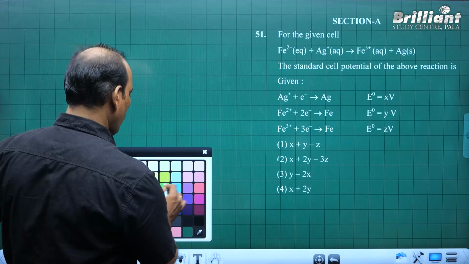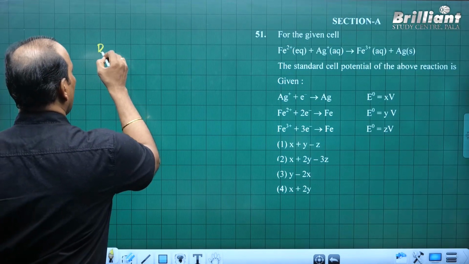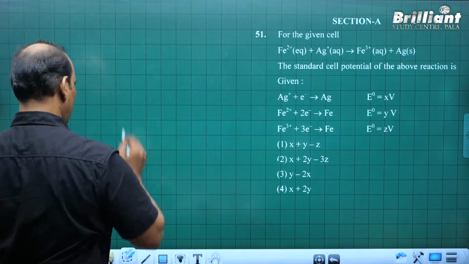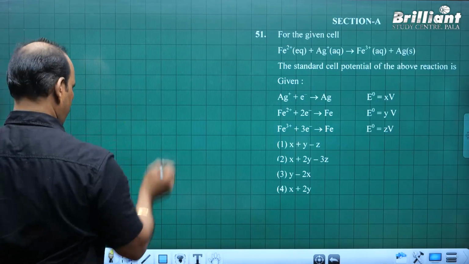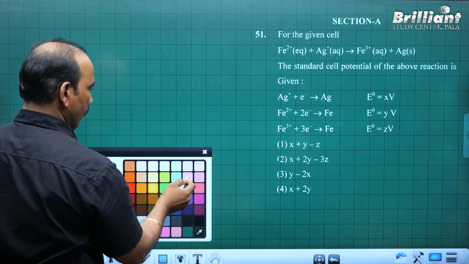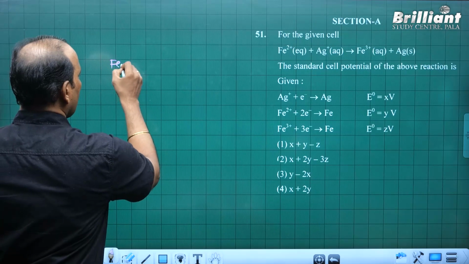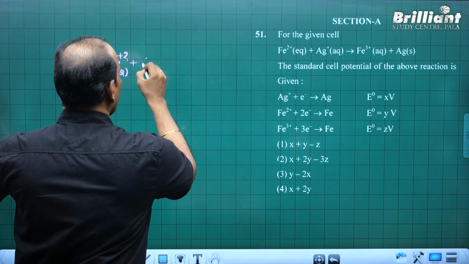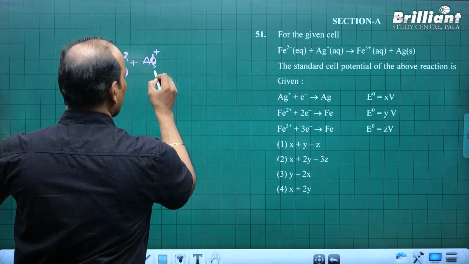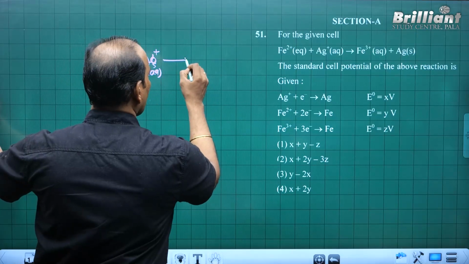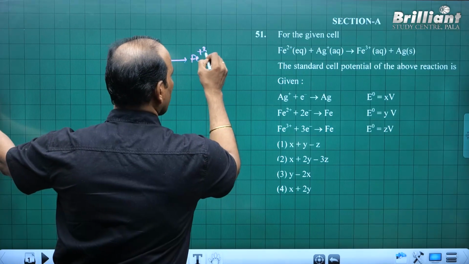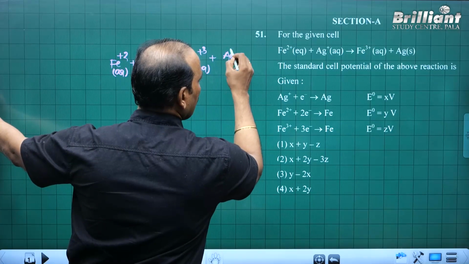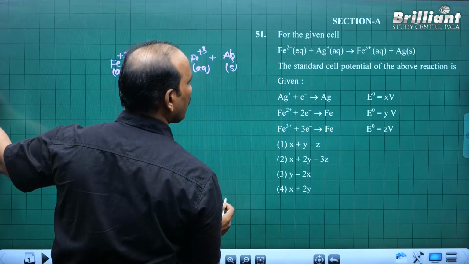Here, first, what is required? The target is the equation: Fe2+ aqueous plus Ag+ aqueous gives rise to Fe3+ aqueous plus Ag as solid. This is the required equation.